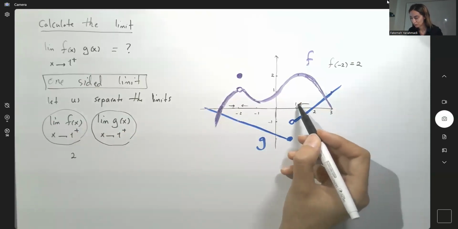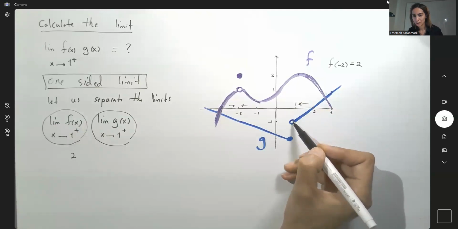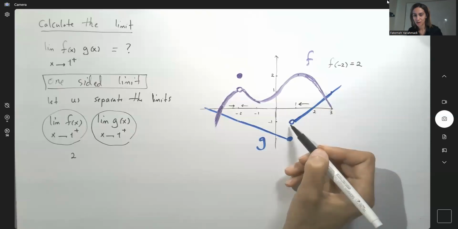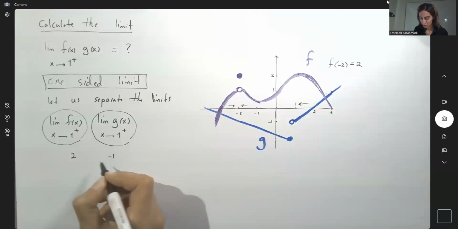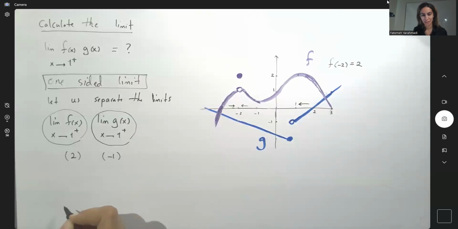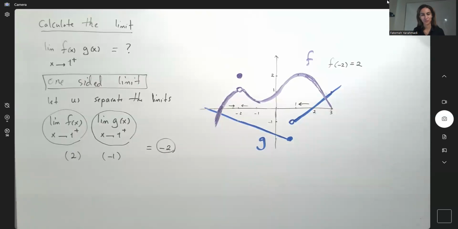You look at the y value of your g, which is this blue graph. It is approaching -1. So you have 2 times -1, which is equal to -2.